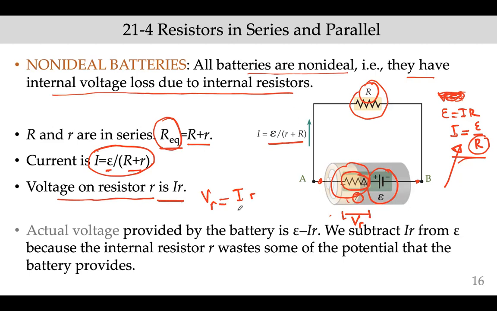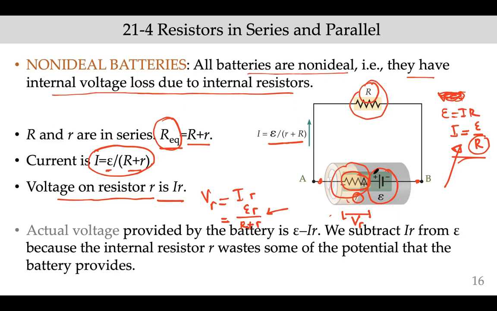Written explicitly, I is epsilon divided by (R plus r), multiplied by r, which is the resistance of this internal resistor. So you can write the voltage on this internal resistance as this.